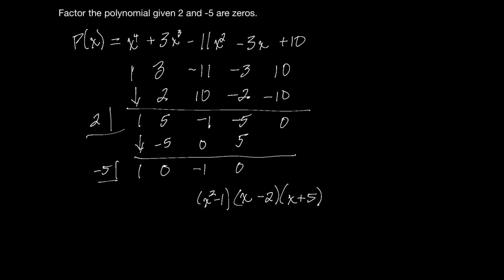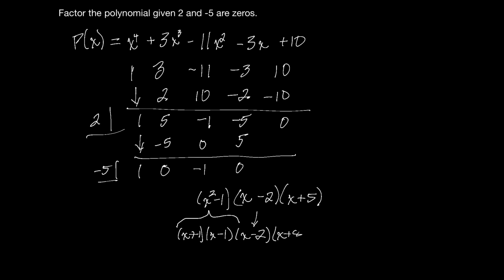And the nice thing about this process is now I have a quadratic that is fairly easy to factor. So x plus 1 and x minus 1. x minus 2 from up here, just bringing that down, and x plus 5.